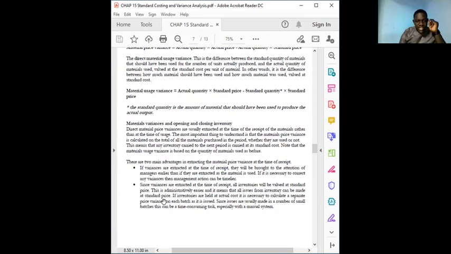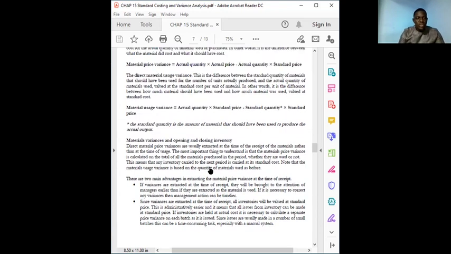This is administratively easier, and it means that all issues from inventory can be made at standard price. If inventories are held at actual cost, it is necessary to calculate a separate price variance on each batch as it is issued. Since issues are usually made in a number of small batches, this can be a time-consuming task, especially with a manual system. So price variance is extracted at the time of receipt of materials.